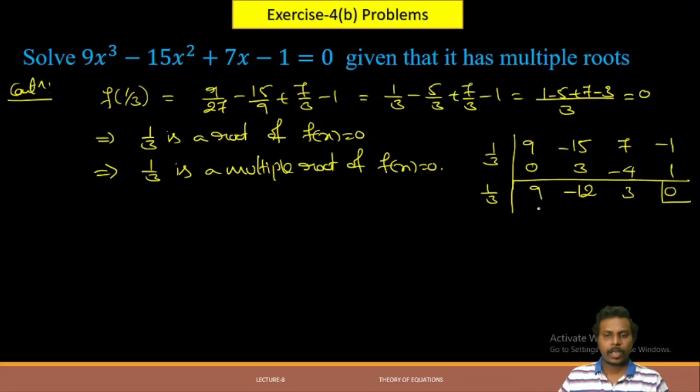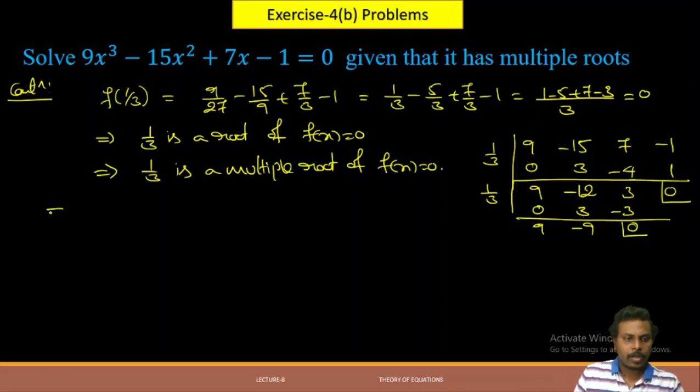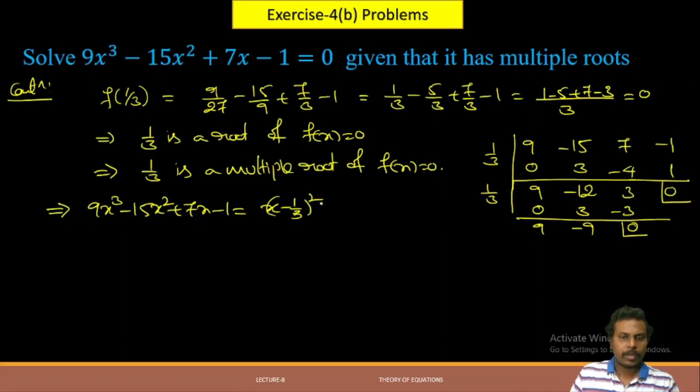Let us divide it again. So 9 into 1 by 3 is 3. This is minus 9. This becomes 3 minus 3. This becomes 0. So 9x cube minus 15x square plus 7x minus 1 is equal to x minus 1 by 3 whole square into 9x minus 9.